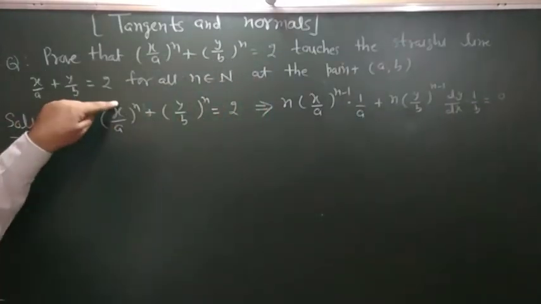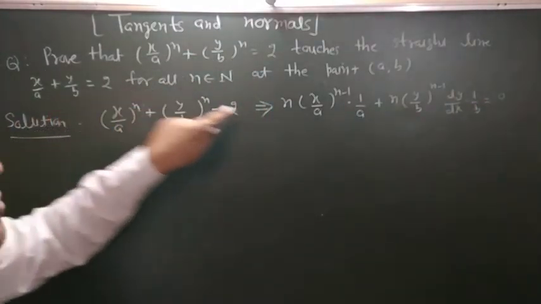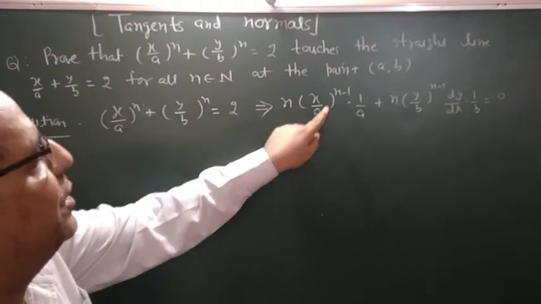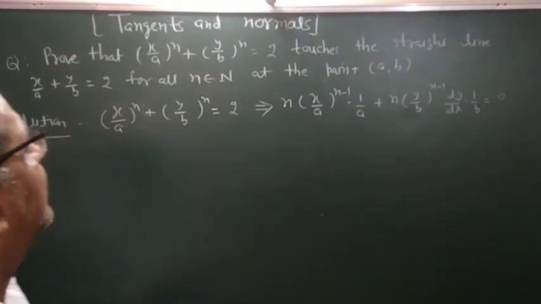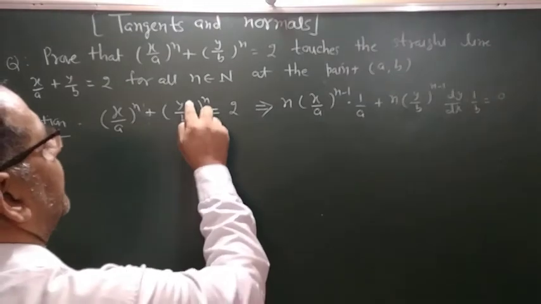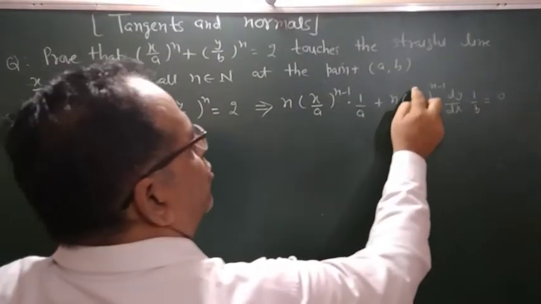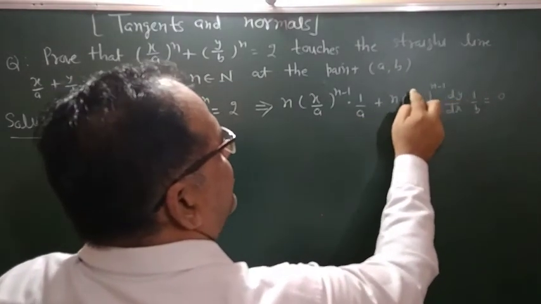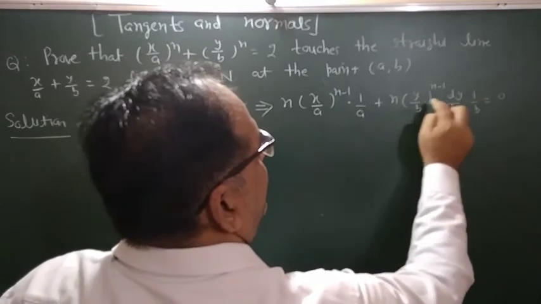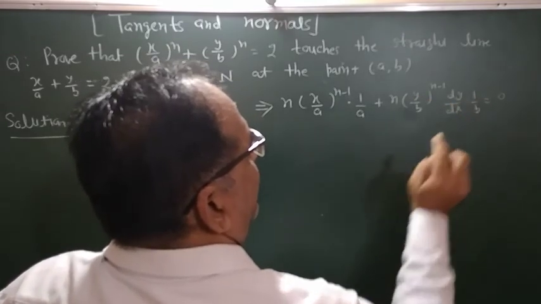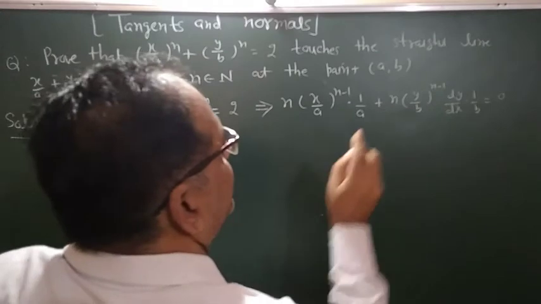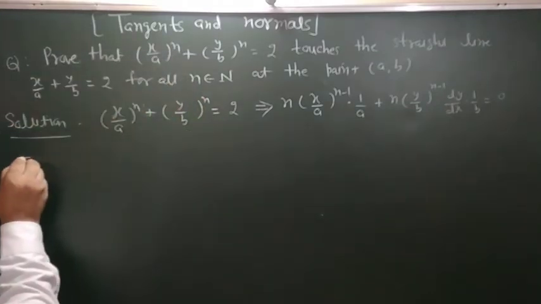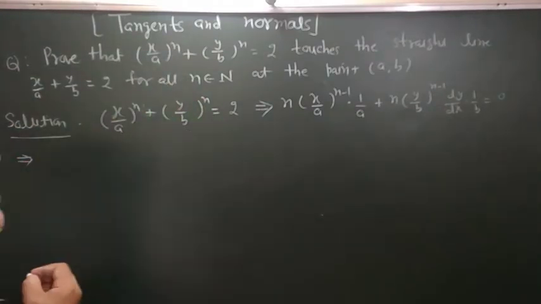The differential of (x/a)^n is n (x/a)^(n-1) times 1/a. The differential of (y/b)^n is n (y/b)^(n-1), and the differential of y/b is dy/dx into 1/b, and the differential of 2 is 0.